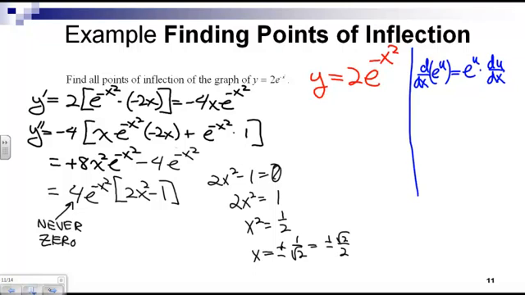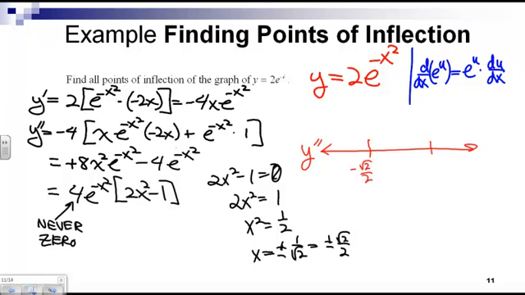And so when I get into a discussion of concavity at this point, I'm going to do that same sort of sign chart that we talked about. We call this y prime, right? This time, let's do this in red: y double prime. It's equal to 0 at negative root 2 over 2 and positive root 2 over 2.